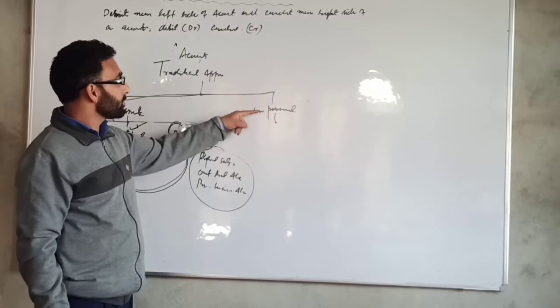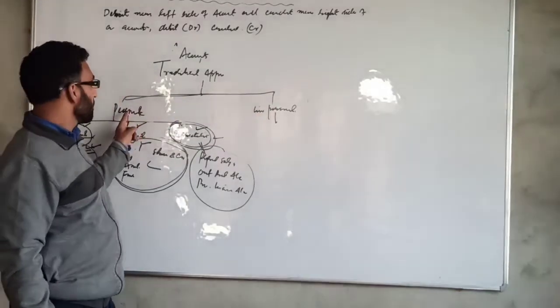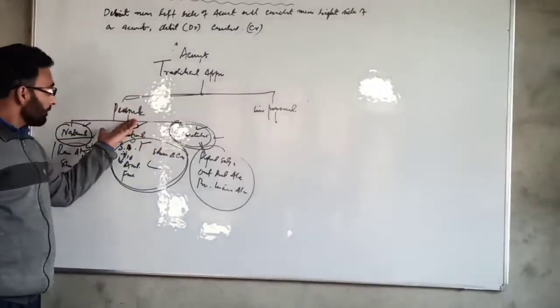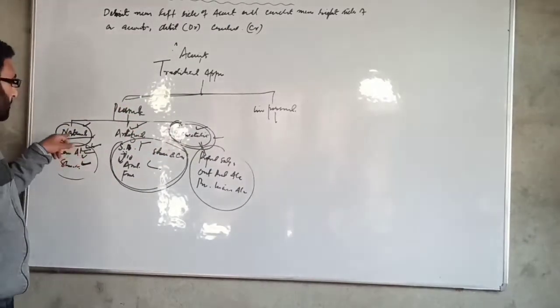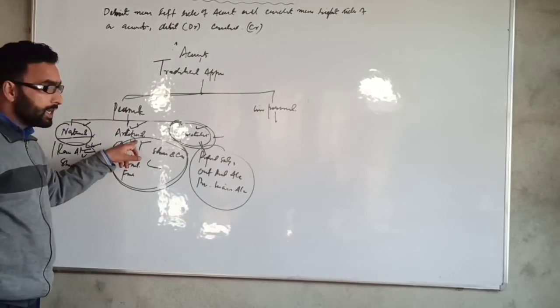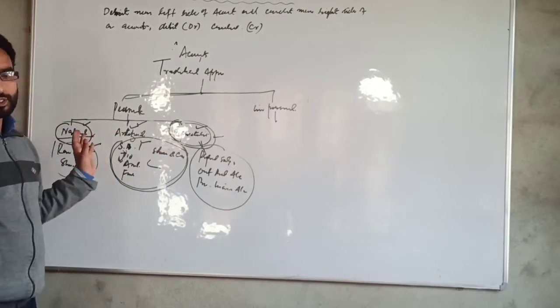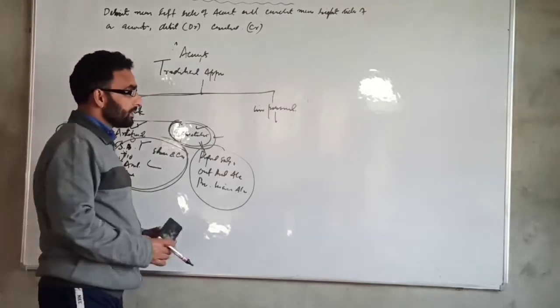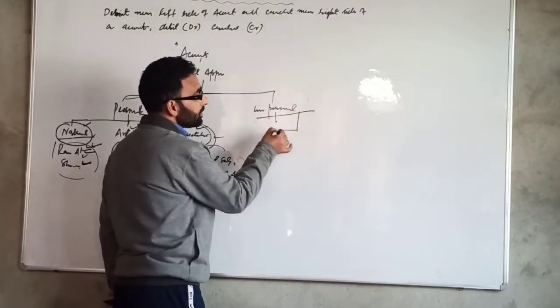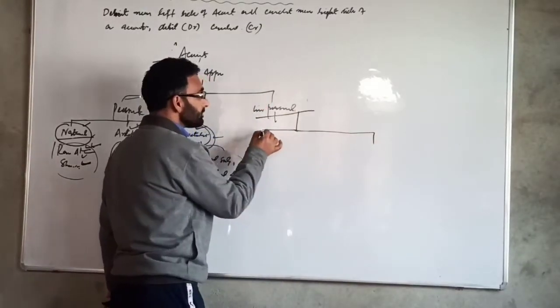As per the traditional approach, there were only two, personal and impersonal. As per the personal, there were three things: natural, artificial personal, and representative personal accounts. Now the impersonal accounts are also of two types.